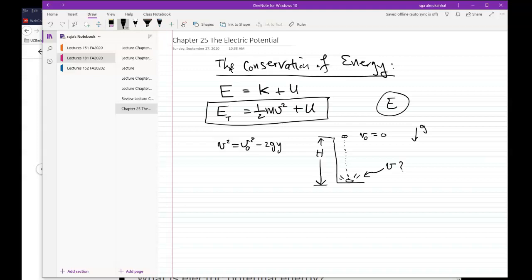We have the height h here, and it is negative because it is below our datum right there, x and y. So that's in the negative y direction, so that's going to be negative, and this will become positive. So in this case, the velocity is equal to the square root of 2g, and y here, of course, is the h.